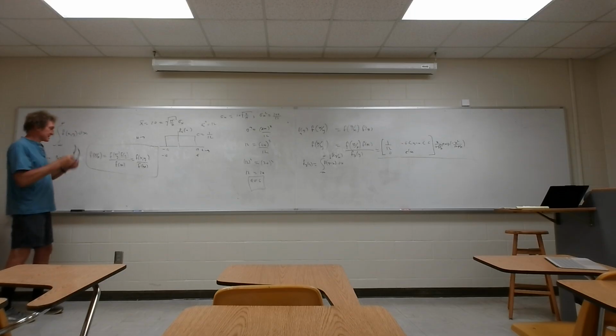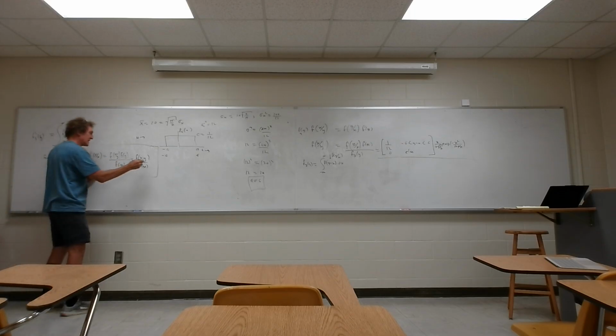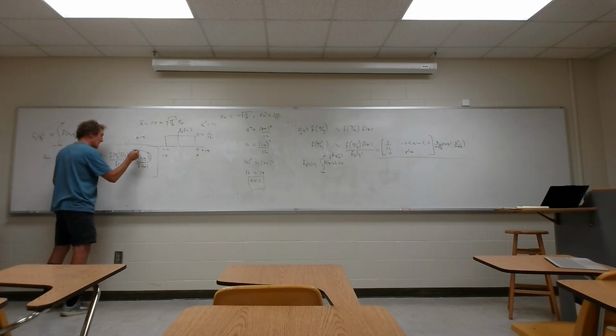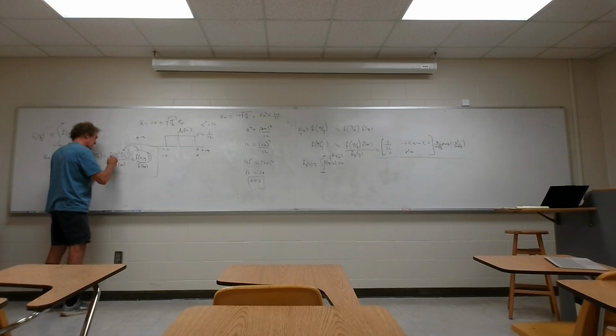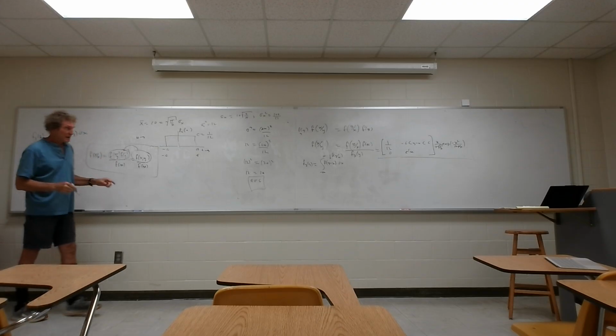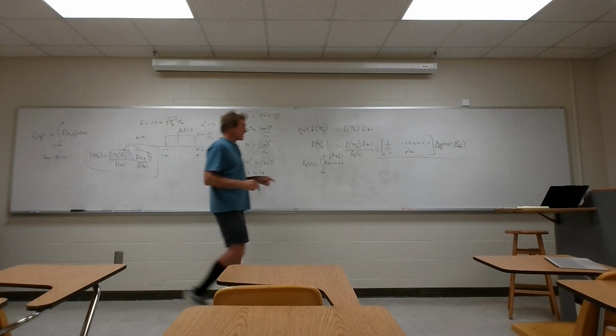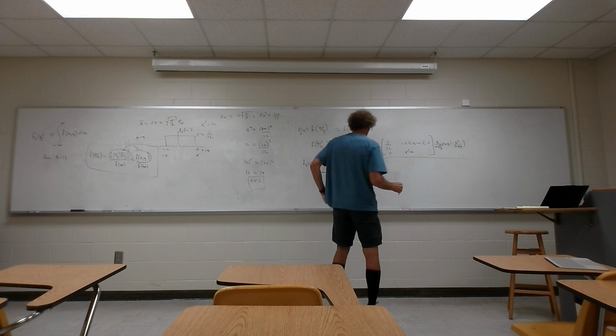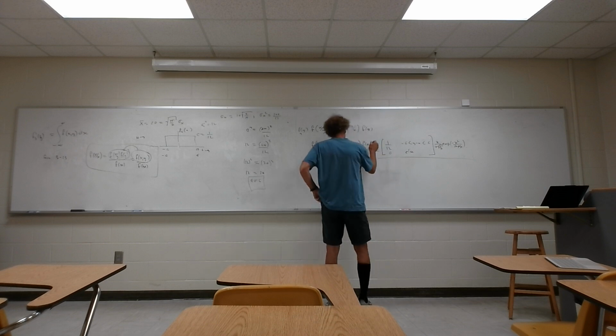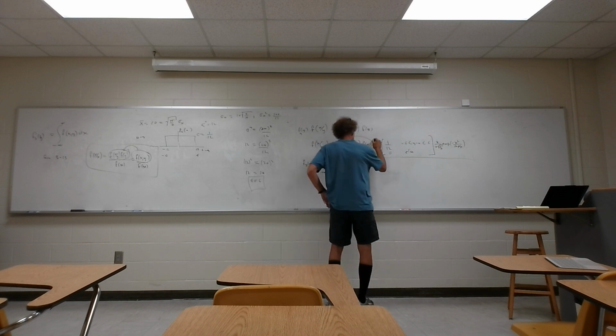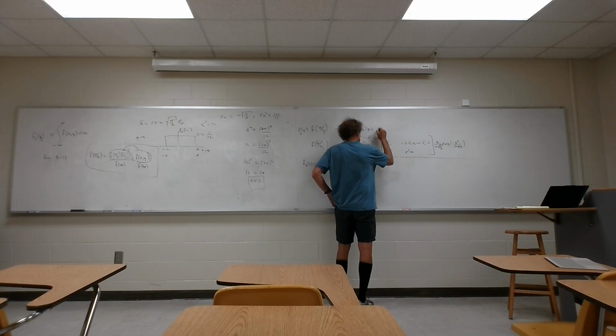What I'm really getting at is this. This right here is equal to this right here. And now I'm going to say it another way. Over here, this is the same thing as f of x comma y.